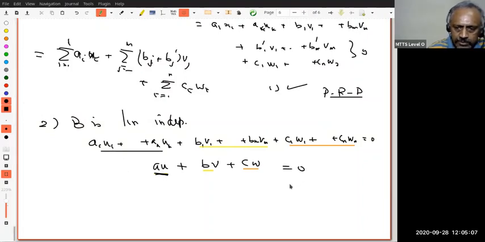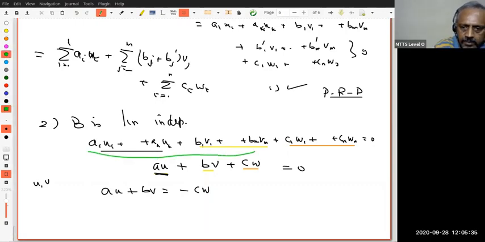Suppose this is equal to 0. Now I can write AU plus BV equal to minus CW. Now, where is U and V? When I say U and V, that is u1 to uk, v1 to vm, and these are scalars. AU plus BV is this sum.